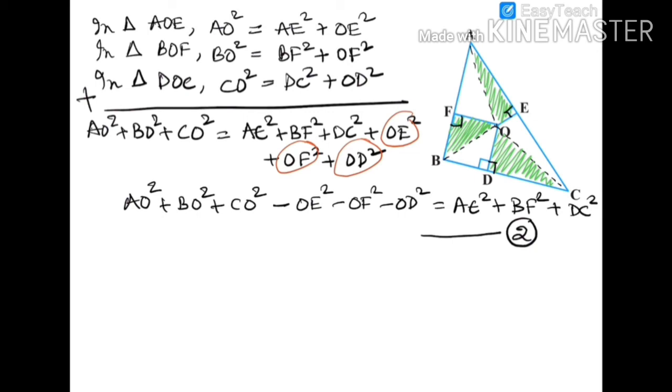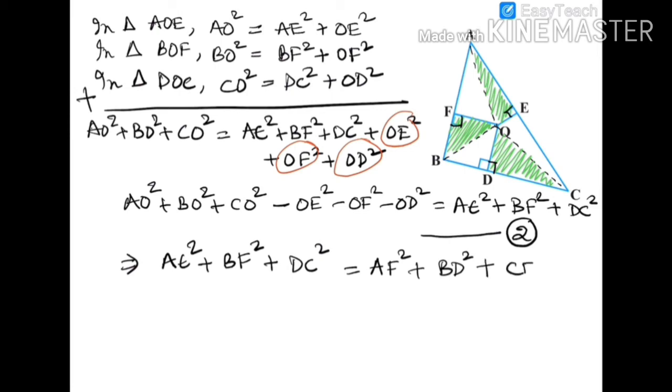So we can say that AE square plus BF square plus DC square will be equal to AF square plus BD square plus CE square. This is from 1 and 2. And so we have got the second part of the question.